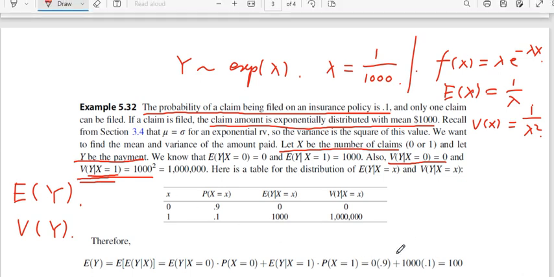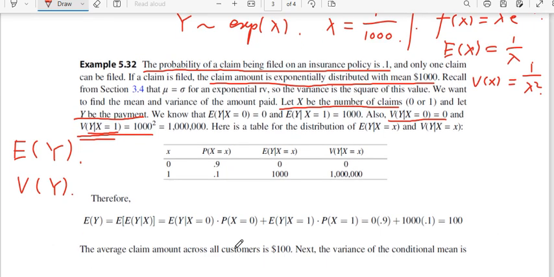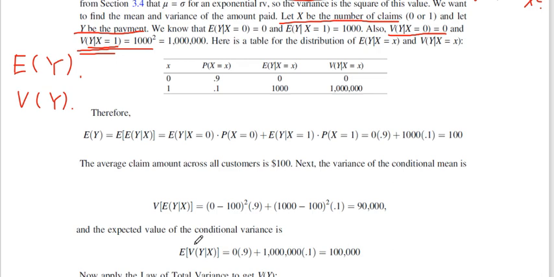So let's say the average of the variance equals the probability this thing happens. The variance can be 0, can be 1000 squared, right? The probabilities are 0.9 and 0.1.